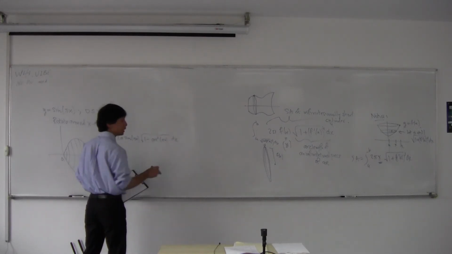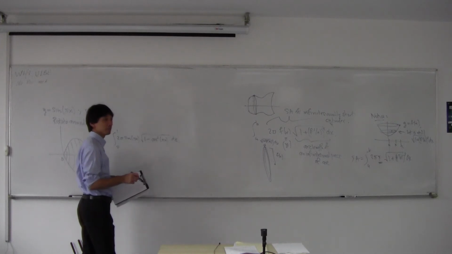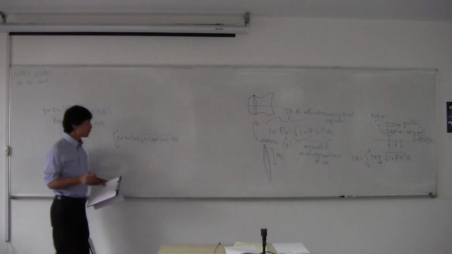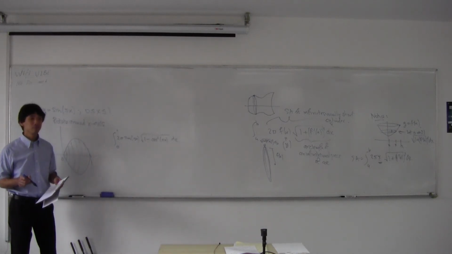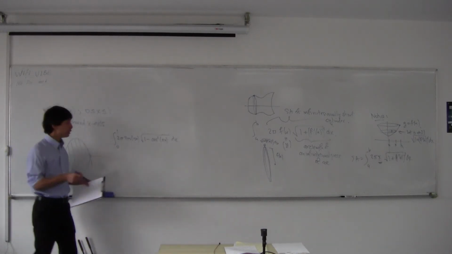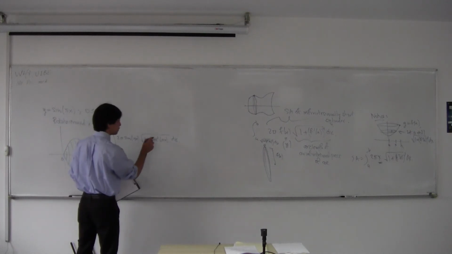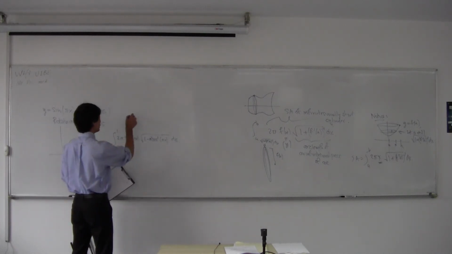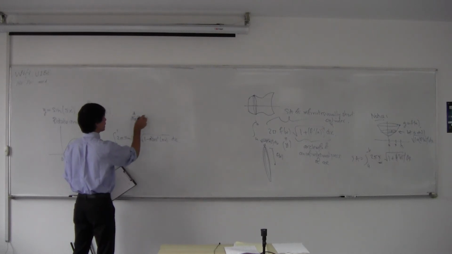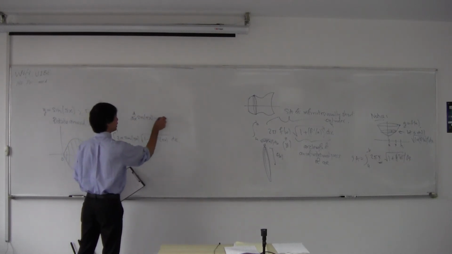Almost. You missed one thing. What's missing? There should be a pi squared, because when you take the derivative of sine pi x, you end up with pi cosine pi x.